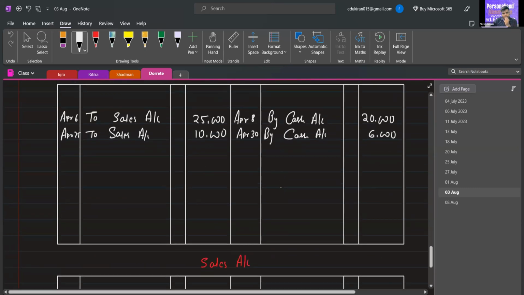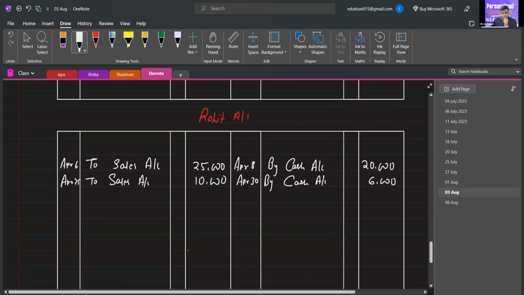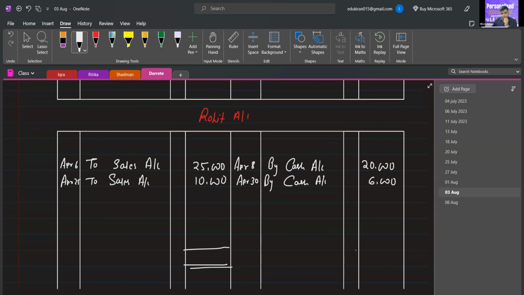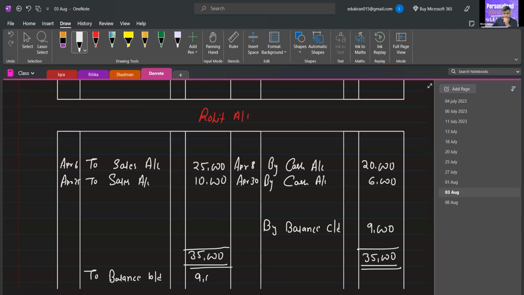Now Rohit account. So on the debit side, the amount is higher, 35,000. 9,000 here, and to balance BD 9,000. It is April 30th and it is May 1st.